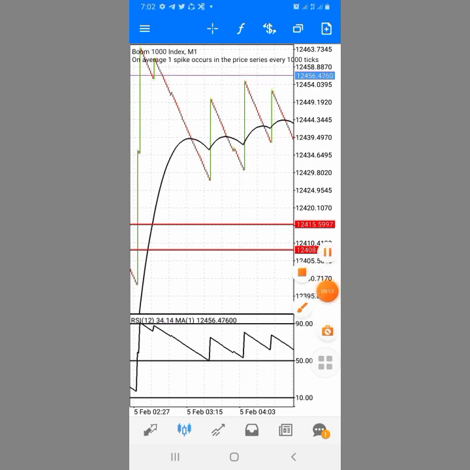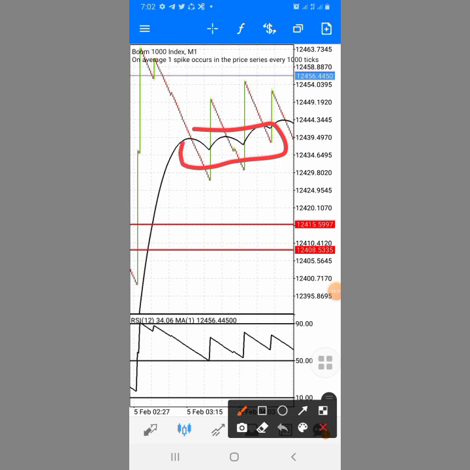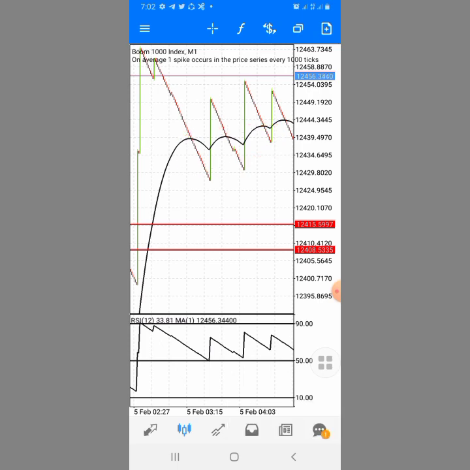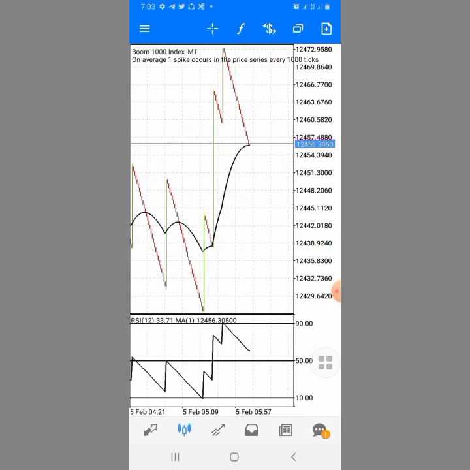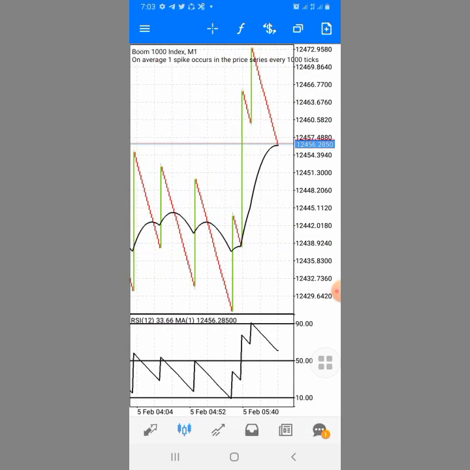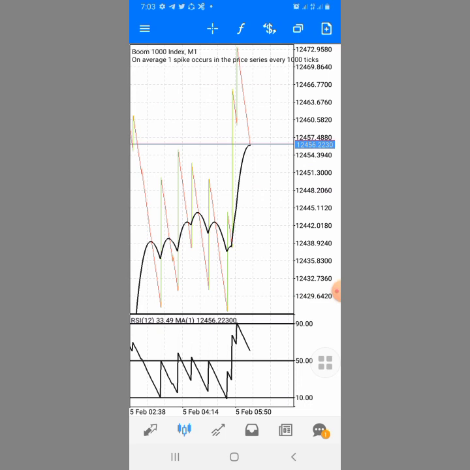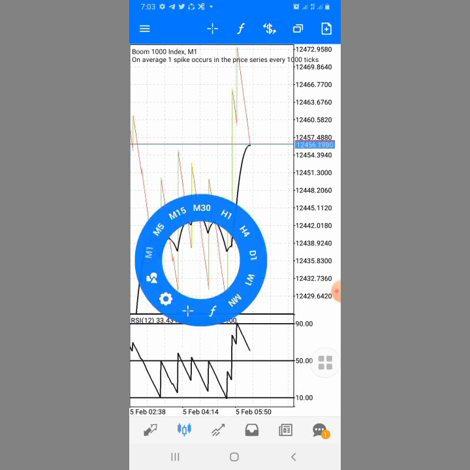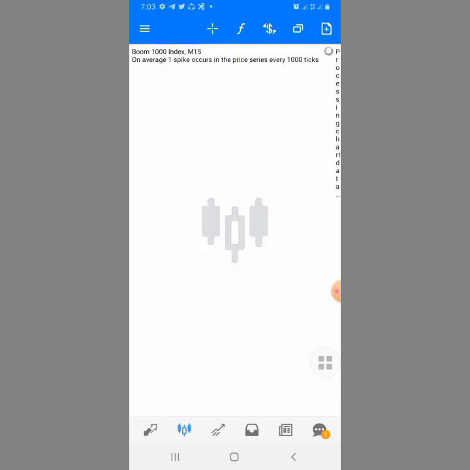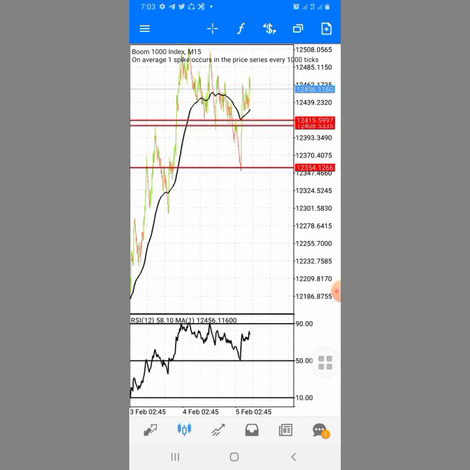You see how the market has been doing at all these places, that it just comes to this 50 moving average, and what happens? It spikes. So we take note of that. Now again, the market is on the moving average, so we are expecting a spike to happen, even though the spike might not happen now, because the market is just leaving a strong zone here.